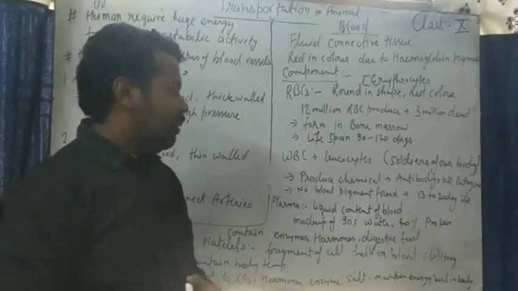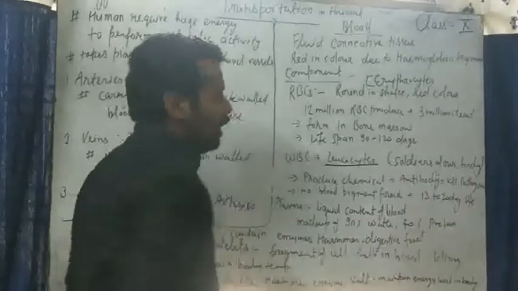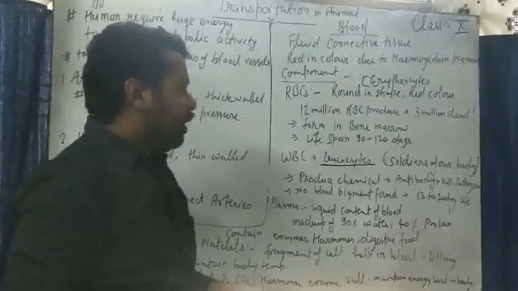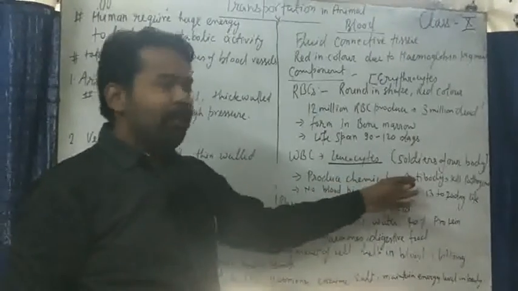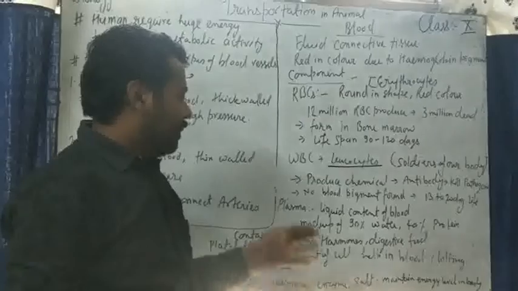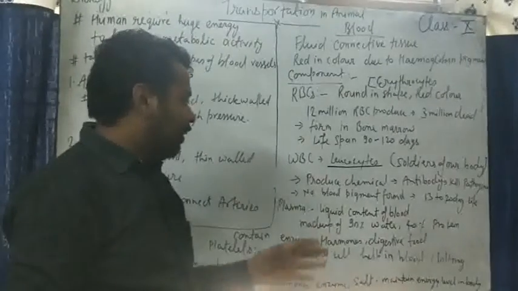Next is WBC. WBC is also known as leukocytes. They are also called soldiers of our body. They produce a chemical named antibodies which kill pathogens in our body. Next is plasma. Plasma is the liquid component of the blood.